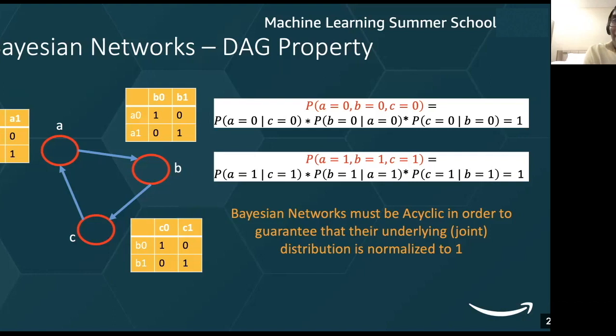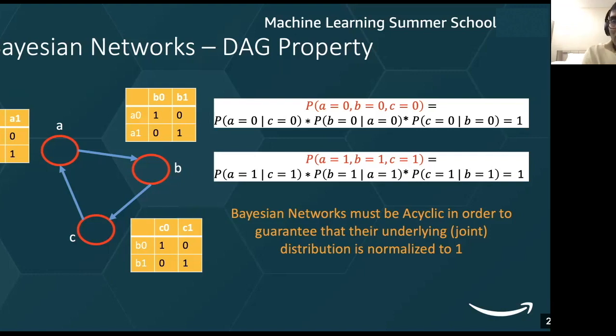Now, if you were to estimate the joint distribution based on this network for a particular case where A equals 0, B equals 0, and C equals 0, you would end up with an expression like this.